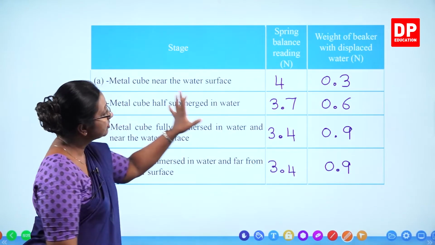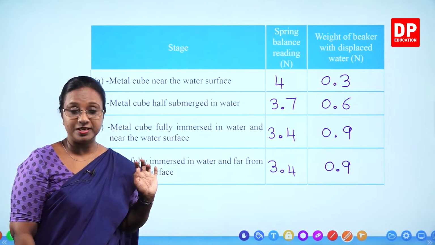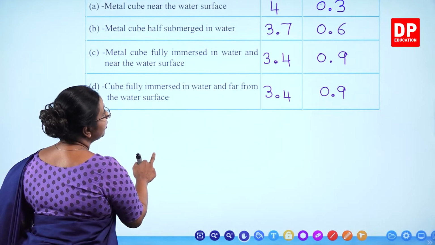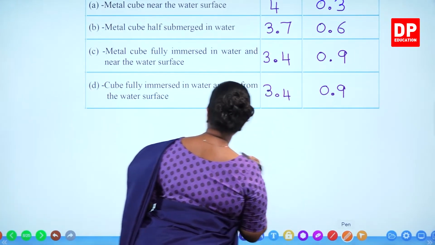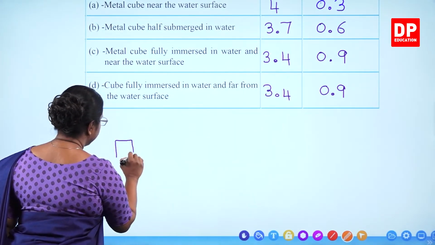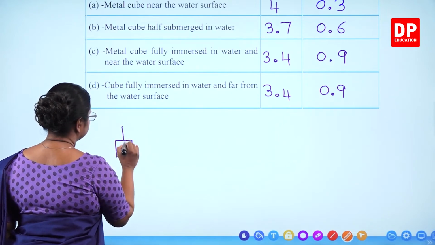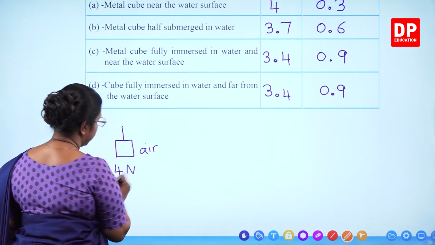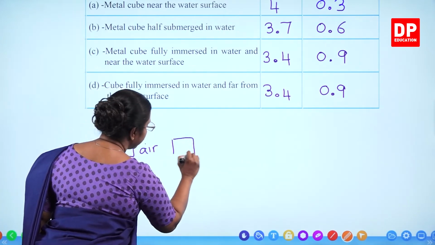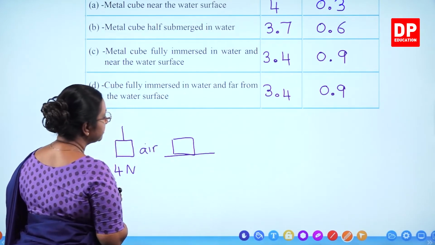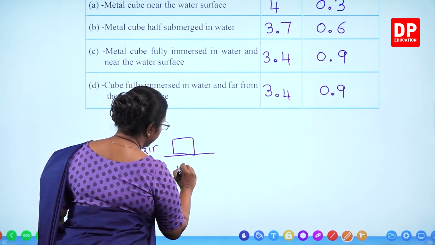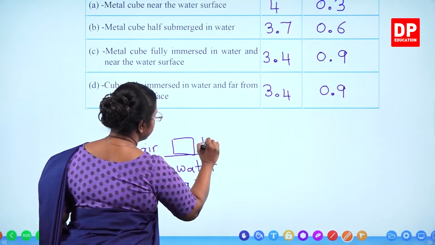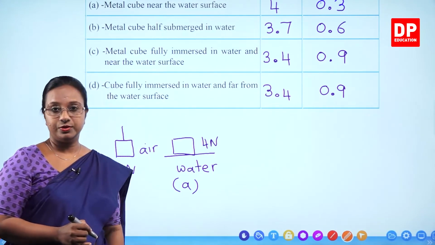Now we will try to understand these observations. Initially, students, you can remember, although we say 4 instances, the object in air also reads 4 Newton. Then when the object was just near the water surface, still above the water, instance A, this is also 4 Newton.